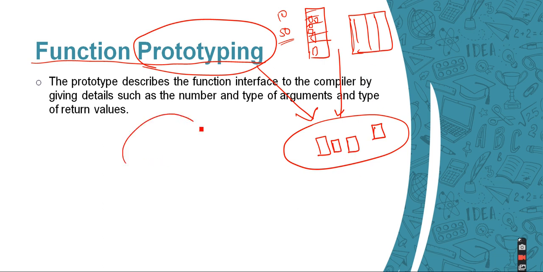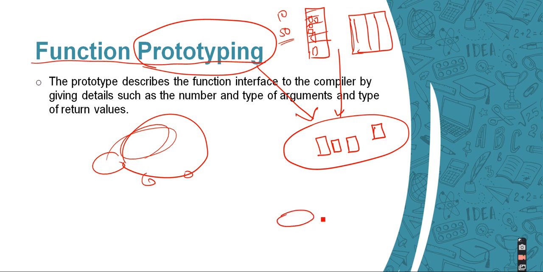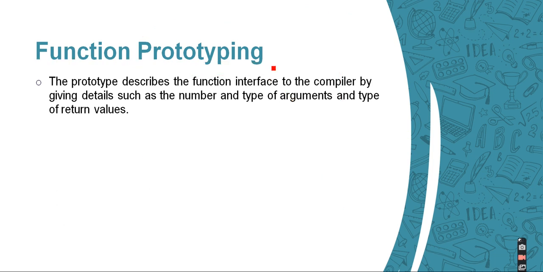Just like if I am going to create a car, instead of creating the car in real size, I will just create a small car to see how it is going to perform and what functions it will have. So instead of creating the whole actual object at a time, I will first create a prototype for that, right? So the prototype describes the function.